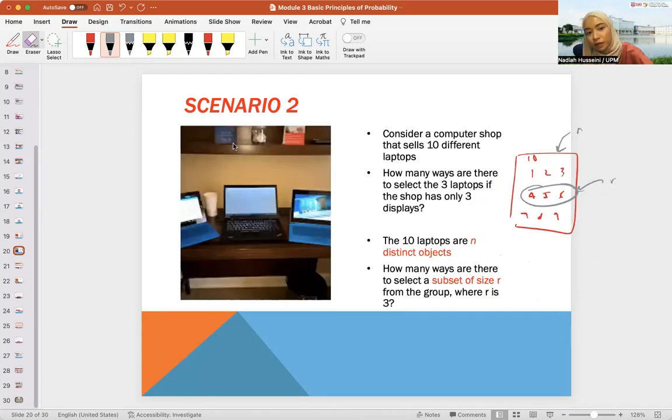For scenario 2, I just care about selecting 3. I don't care which display it goes onto because there's only a table. I'm just putting all 3 together. There's no order.